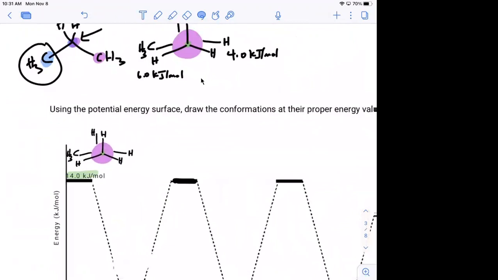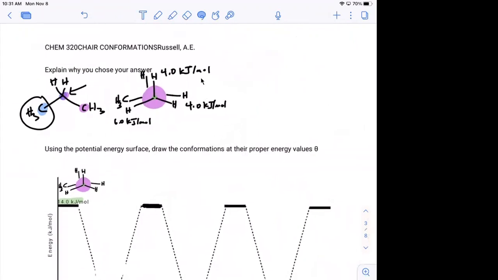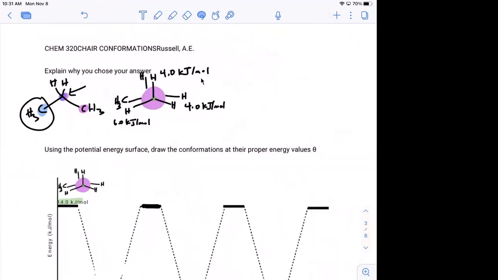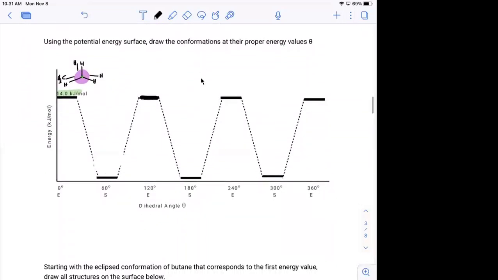So this goes here. Anybody disagree with that? It costs 4 kilojoules per mole for each hydrogen overlap. And this is propane. Let me put that up here, so when you go back and look at it, you'll know what we're working on.